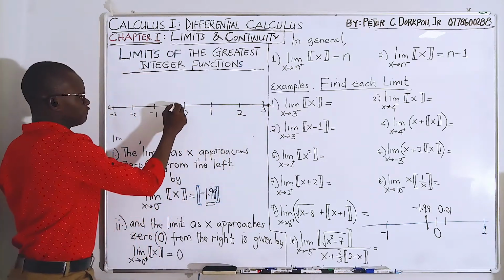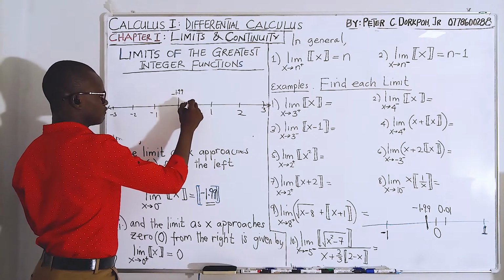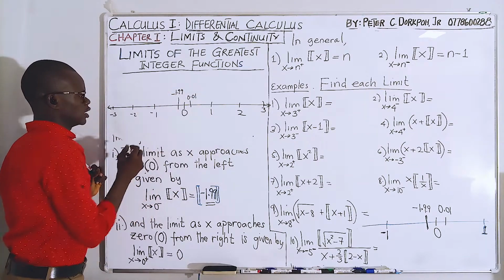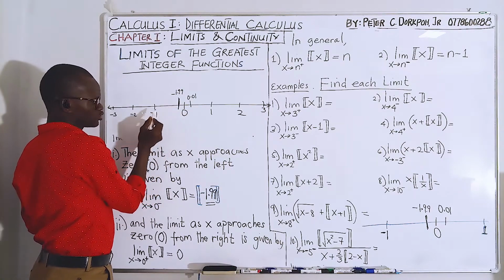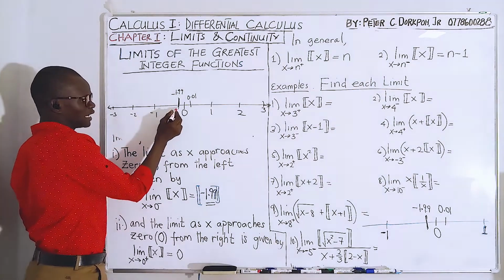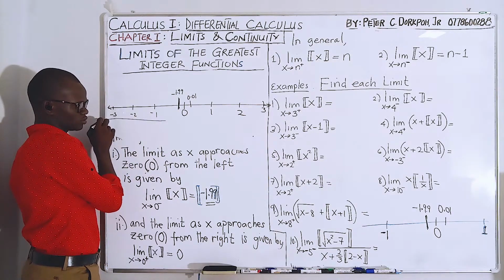So now, if for instance this is negative 0.01, this is the number we're dealing with. All those numbers that are integers less than this number are in these directions.